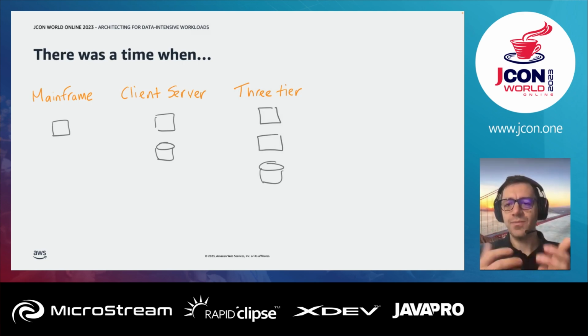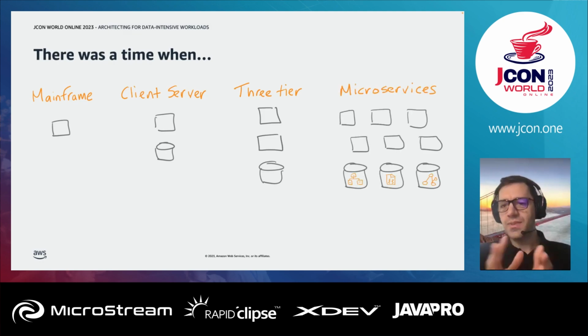But at some point we are hitting limits. We are hitting limits in terms of scalability, hitting limits in terms of how we collaborate together on the common software. So we moved step by step more to microservices. At least in the last 10 years, the mainstream adoption of microservices was really high.